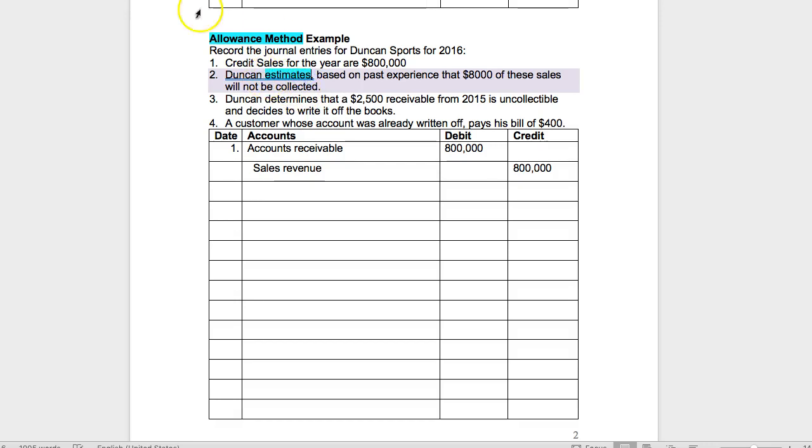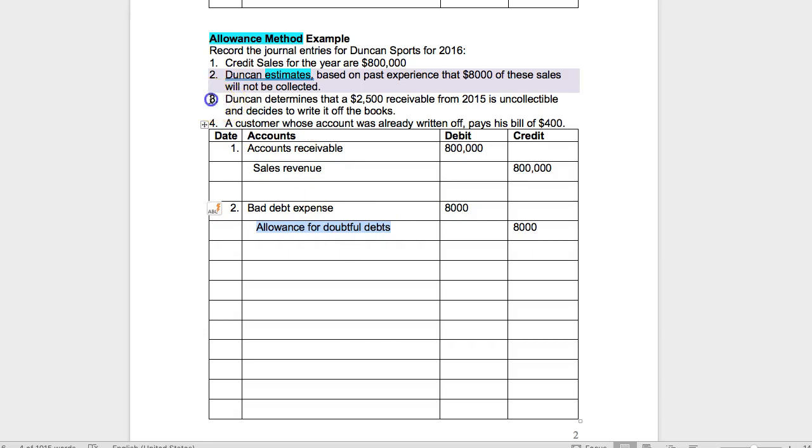So our keyword here is estimates. The journal entry when you estimate bad debt expense is you will debit bad debt expense, and we have $8,000 here, and you will credit the allowance for doubtful debts, also $8,000. This journal entry will increase your expense and also increase your contra asset.